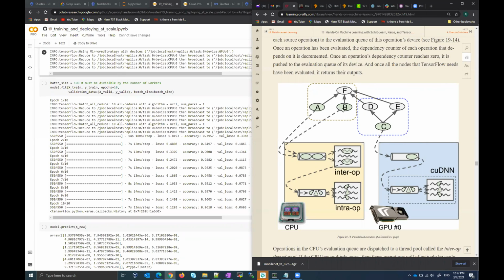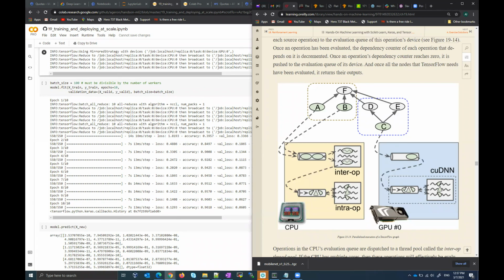So, for example, these A and B go here on the CPU, and they run sequentially, each one of them. When one is multi-threaded, it can be run multi-threaded, and when each one is complete, F's dependency number is decreased, right?